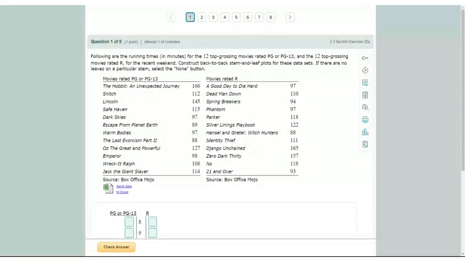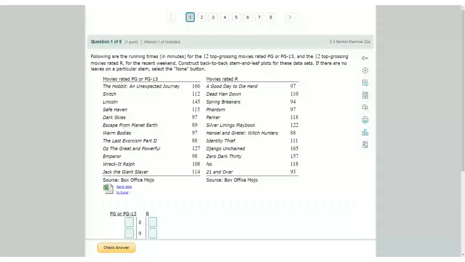On the left is PG-13, and on the right is rated R. It's a good idea to read the instructions, even though when I do things like this, I usually try it first and then come back and read. What we've got is the runtime for those movies, in minutes. For example, a 2-hour movie would be 120 minutes.